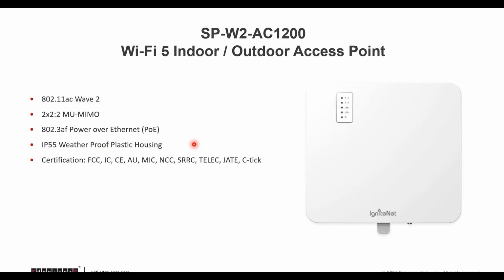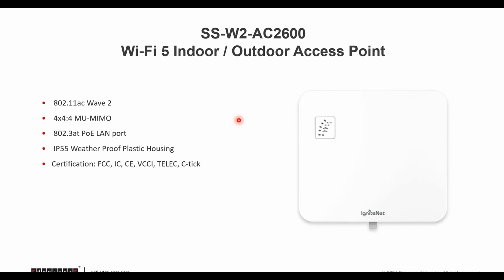We have a lot of customers who regard it as a very cost-effective outdoor access point, like for hotspot service. And the last one is the 4x4 SSW2-AC2600, 4x4 powered by 802.3at, IP55 weatherproof as well. It has FCC, VCCI, TELEC, and CDIC.